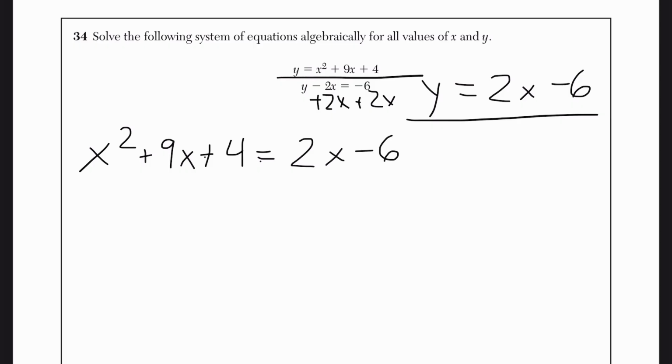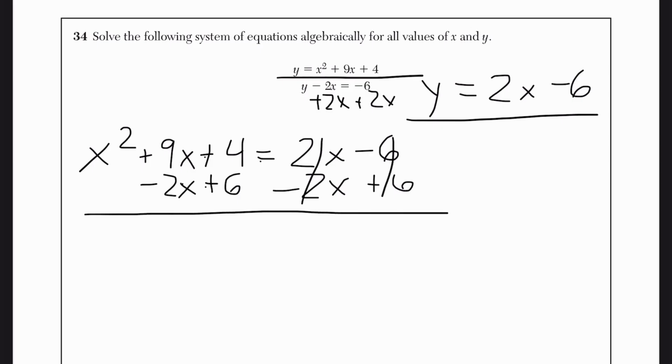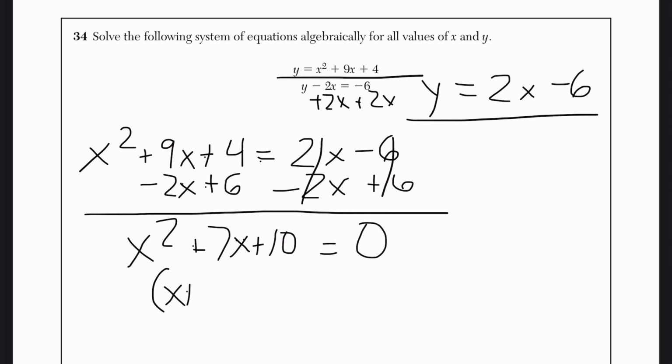Now what I'd want to do, this is a quadratic equation. I want to set it equal to 0, so I'm going to move the 2x and the positive 6 to the other side using inverse operations. That's going to give me x squared plus 7x plus 10 equals 0. And now I can factor this. I'm looking for two numbers that multiply to 10 and add to 7.